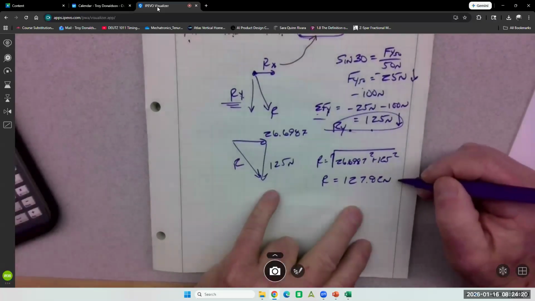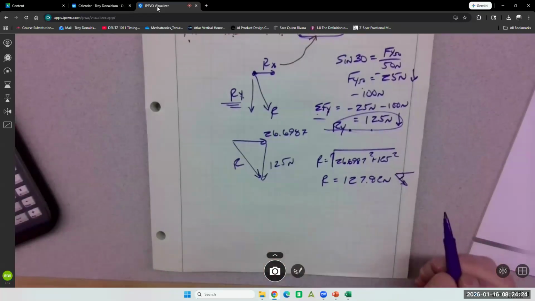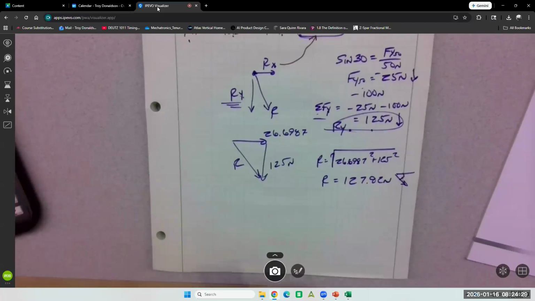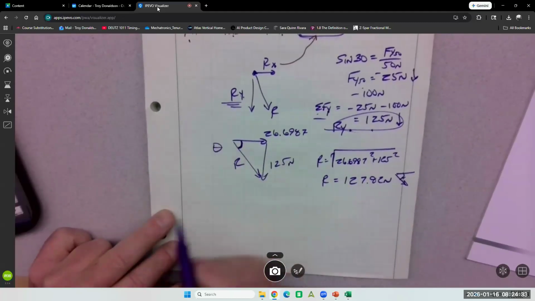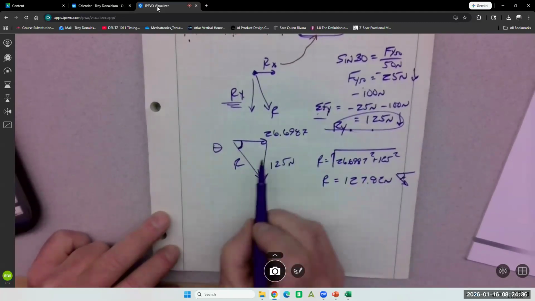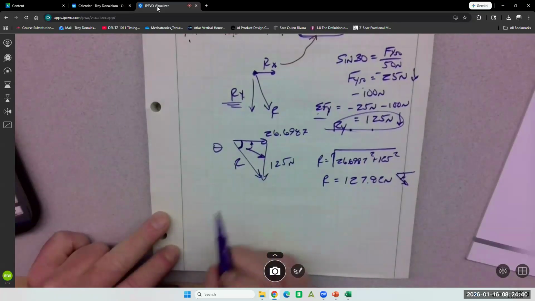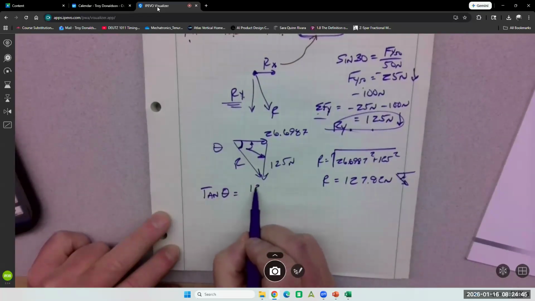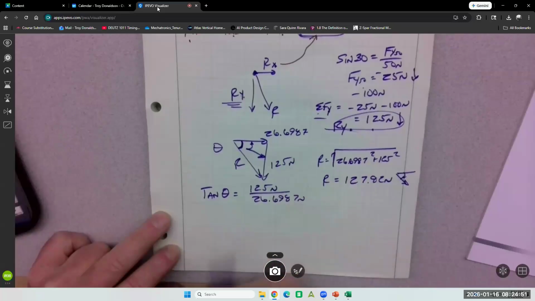And that thing's off at an angle. It's like here, right? It's not x and it's not y, but it's at an angle. So that means we need to find that angle. That's this angle here. We call it theta. I would use tangent, opposite over adjacent: 125 newtons over 26.6987 newtons.